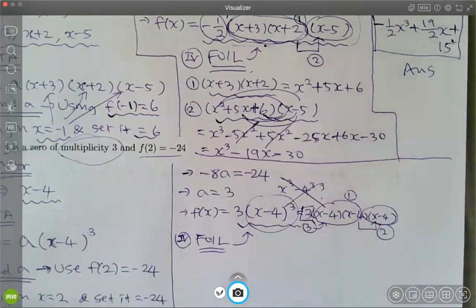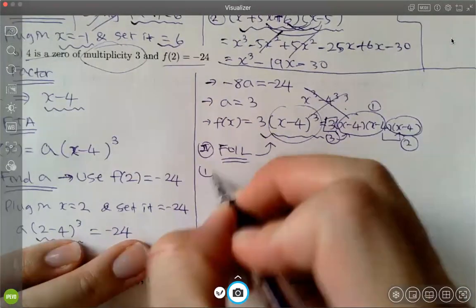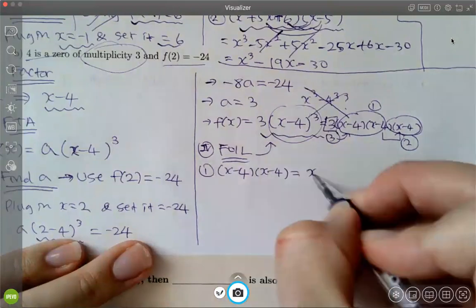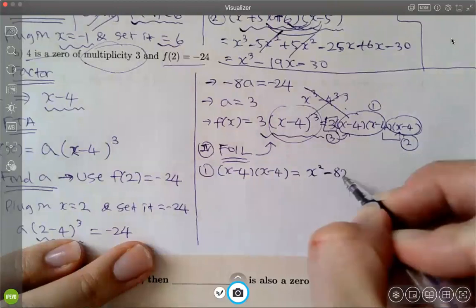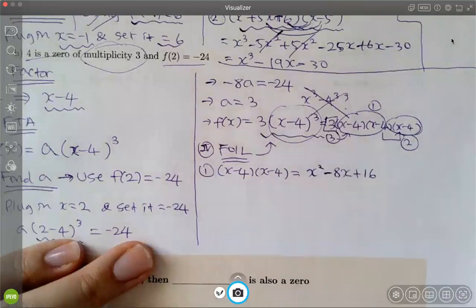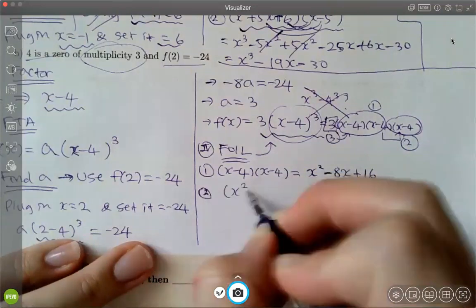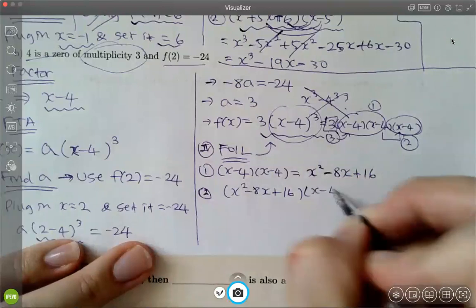Okay, so x minus 4 times x minus 4. So now what is this? x squared minus 4x minus 4x, so that's minus 8x, and then plus 16, right? And then step number 2, you have x squared minus 8x plus 16 times another x minus 4 at the end.